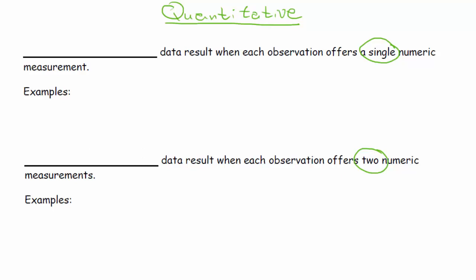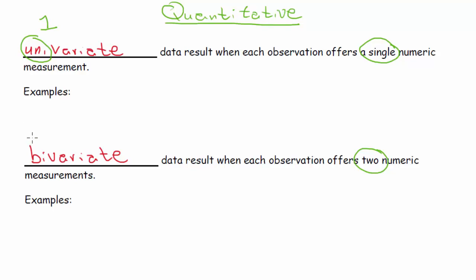If I have a single numeric measurement, this is what we're calling univariate, with uni meaning one. And if we have two numeric measurements, that's what we're going to call bivariate.